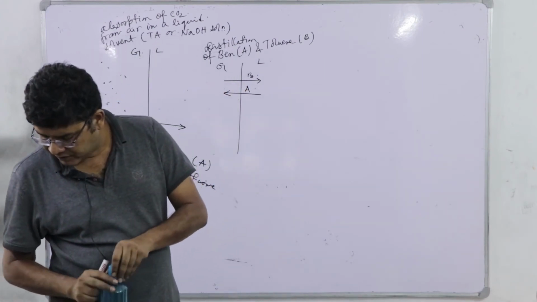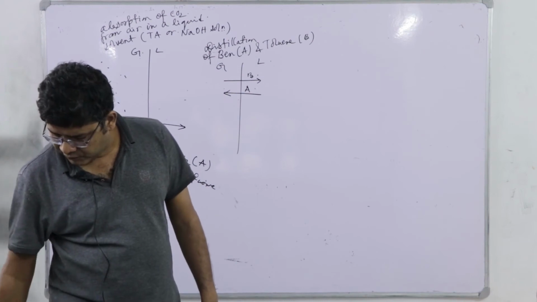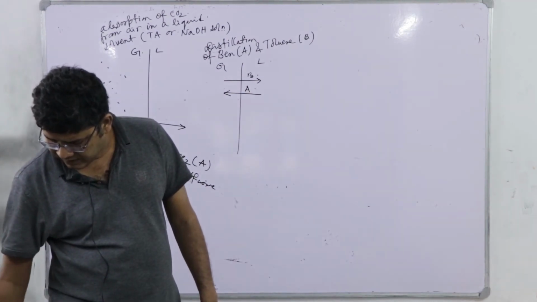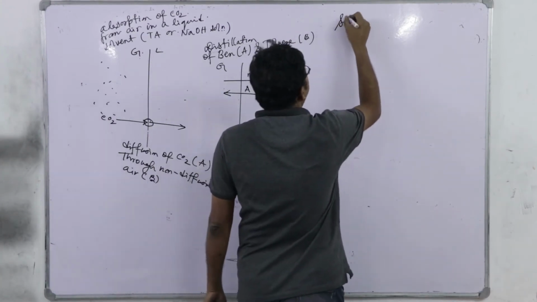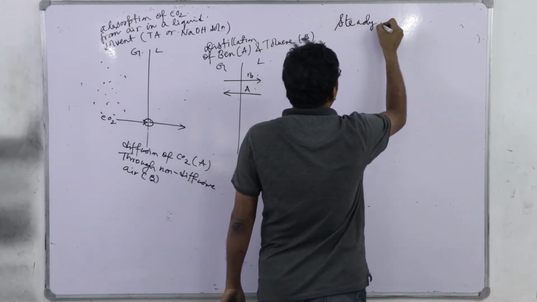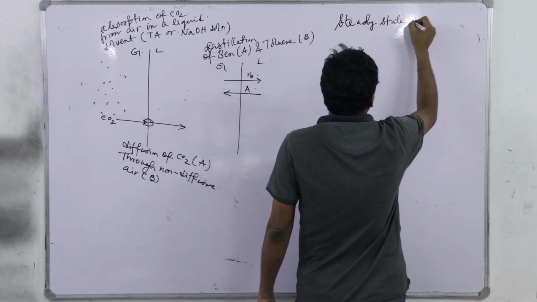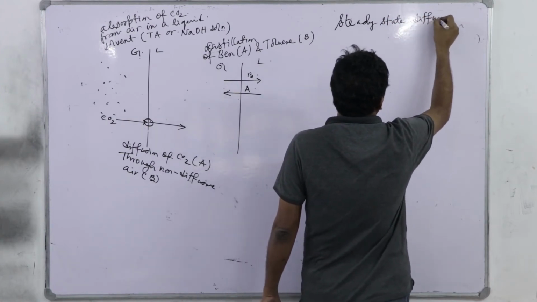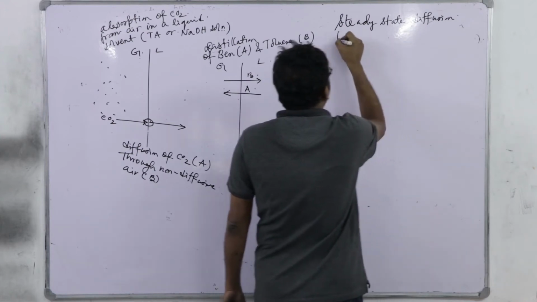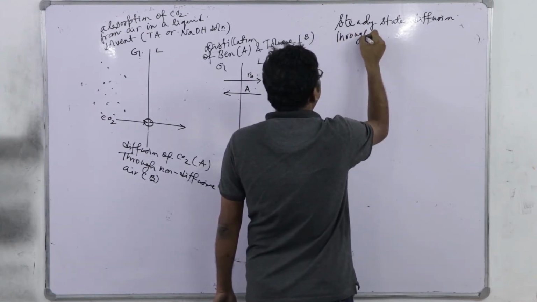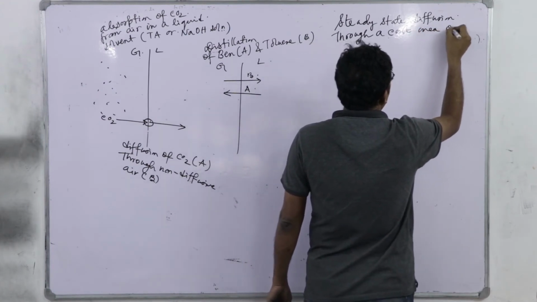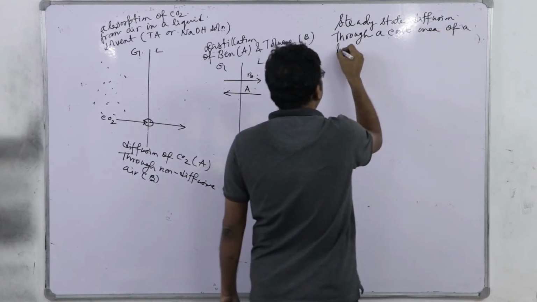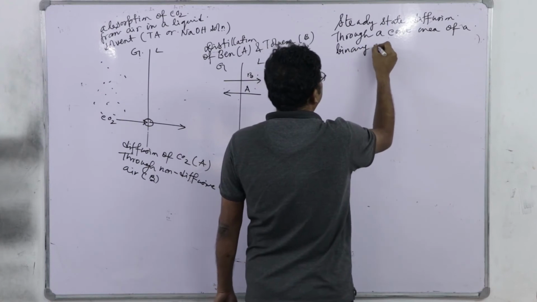So, first we will discuss the steady state diffusion through a constant area of a binary mixture.